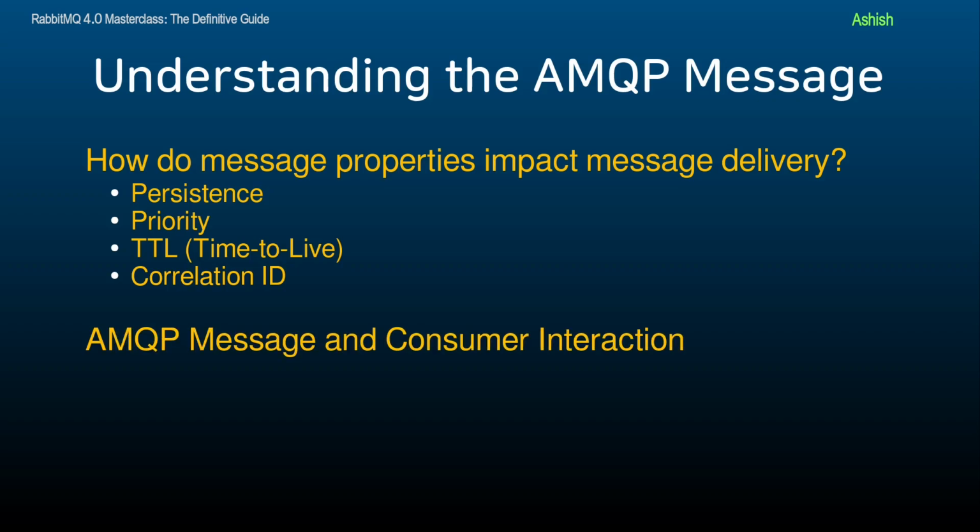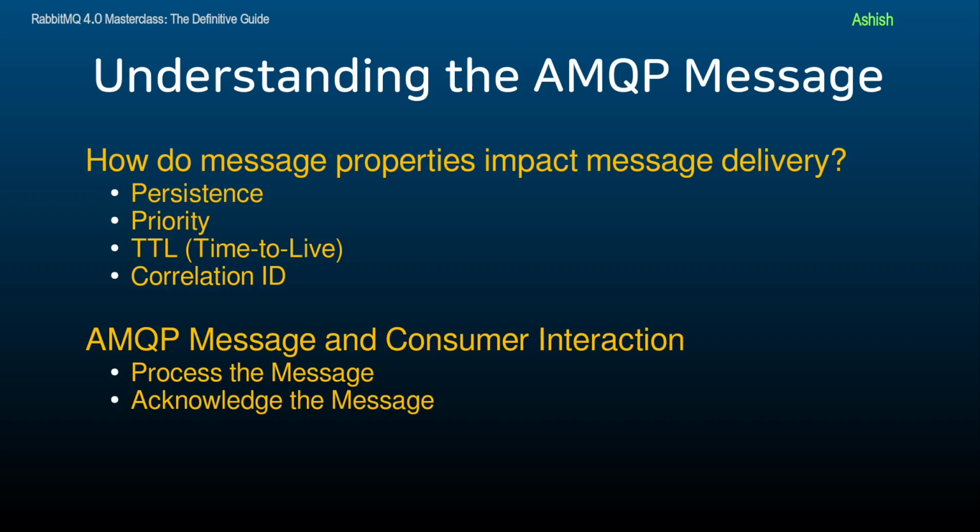When a message is consumed by a consumer, it often does the following. Process the message, which means the consumer reads the body of the message, processes it, for example, performing some business logic, and might generate a response or trigger further actions. The consumer can also acknowledge the message. After successful processing, the consumer sends an acknowledgement back to RabbitMQ, which removes the message from the queue.